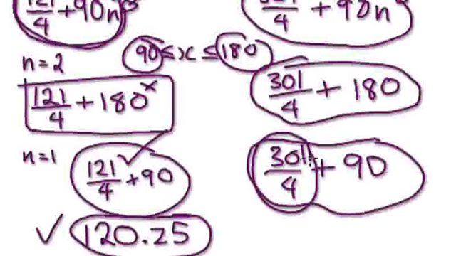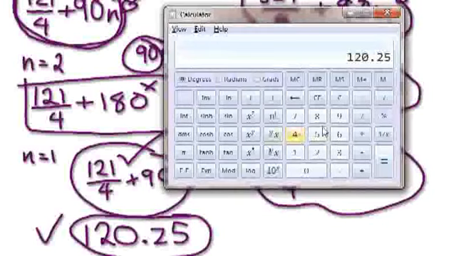Now let's look at this one here. 301 divided by 4 equals this, plus 90. If this is within our range, then it's a good solution.